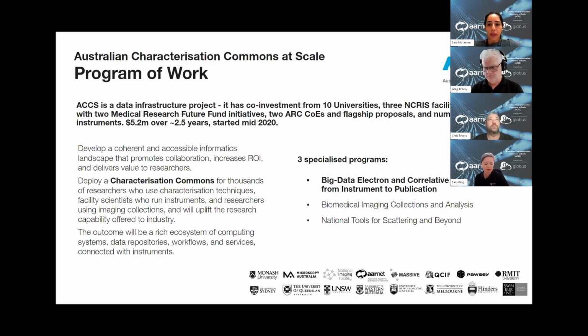It's not one thing, it's an ecosystem of computing services, systems, data and repositories, workflows, and services, all connected to instruments. The ACCS project has 3 specialized programs, and this webinar is presented to you by Work Package 4 of the project that is specialized in big data, electron, and correlative microscopy from instrument to publication.